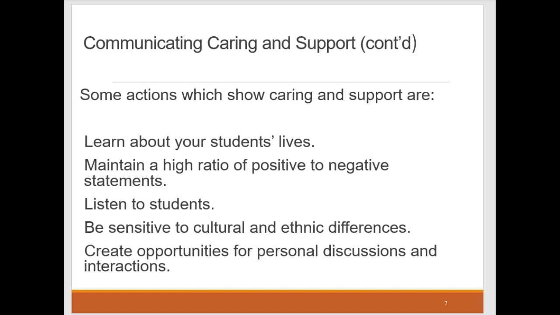This is why we really spend so much time talking about understanding who our students are and what their lives are all about. And we want to, in our academics and in our social interactions in the classrooms, create opportunities for strong personal discussions, connections, interactions among the students, interactions among students who might not typically have an opportunity to interact with each other.